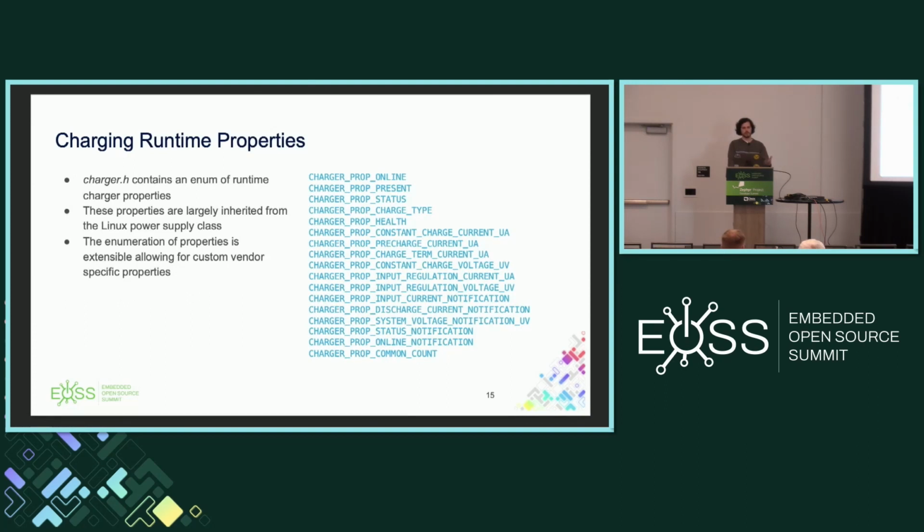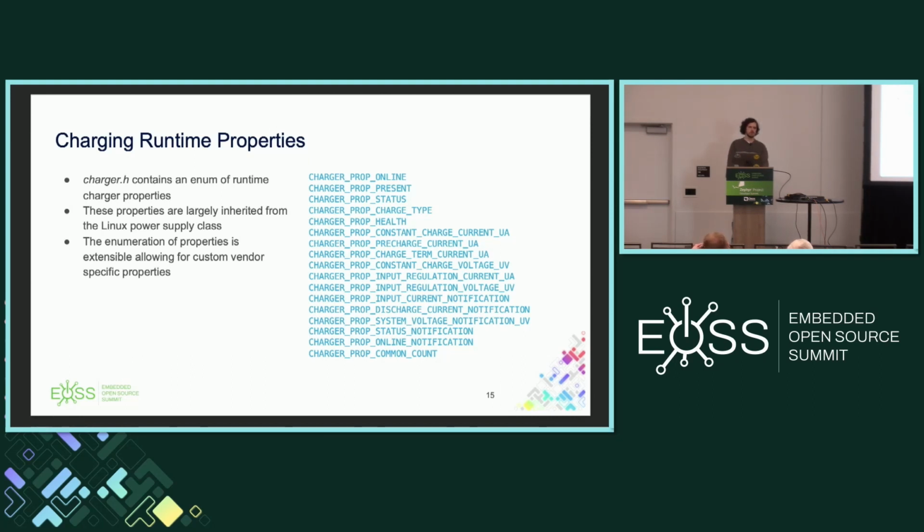And these are the properties that I was referring to in the get property and set property handlers. A lot of these should look familiar to anyone that's used the Linux power supply class. They almost all have the same exact names with a charger prefix. But additionally, in Zephyr, we allowed for the properties to be extensible to allow for some custom vendor-specific properties.